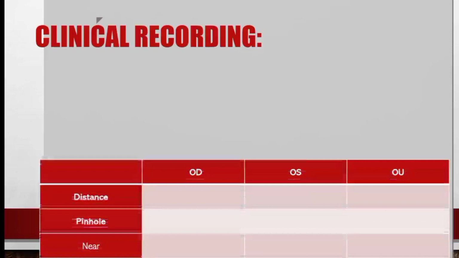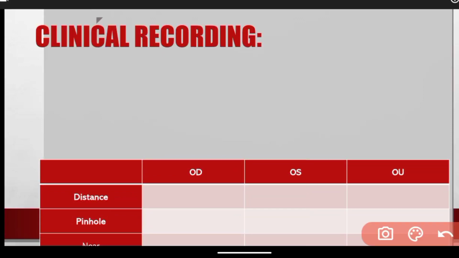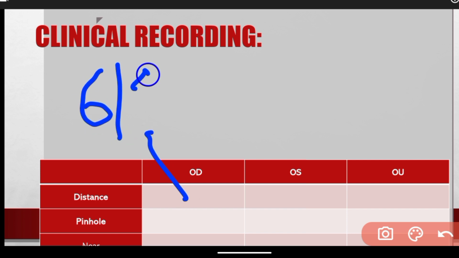So for the right eye, left eye, and then both eyes open. For distance vision, if it is subnormal, then we proceed to the pinhole vision, and then the near visual acuity. Okay. For example, in the right eye, the distance visual acuity is 6/24.